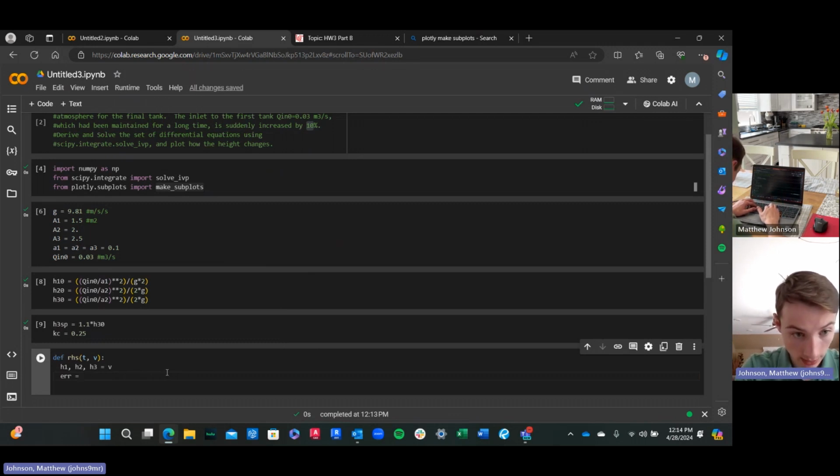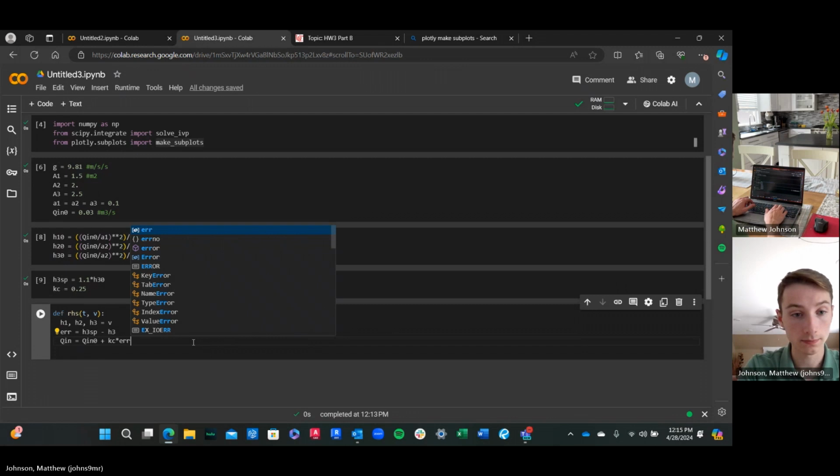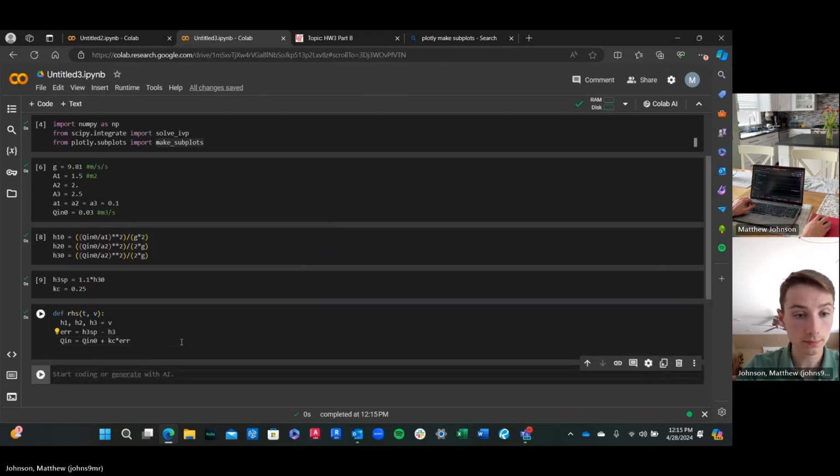So our error is going to be the set point for H3 minus what H3 actually is. And then Q in, the flow that's changing, is going to be equal to Q in naught plus the controller gain times the error.